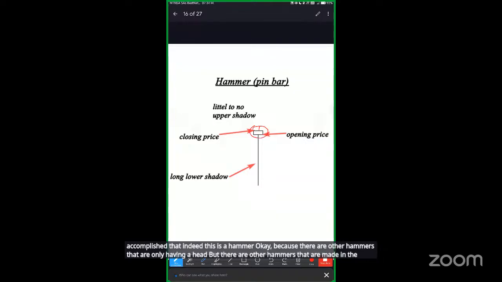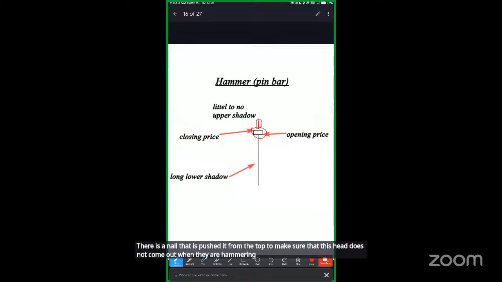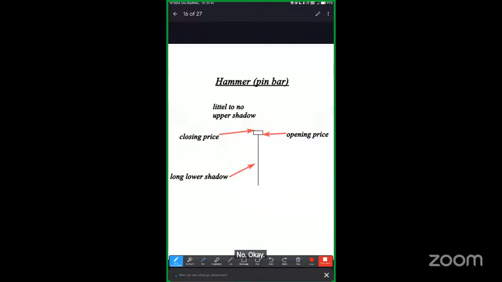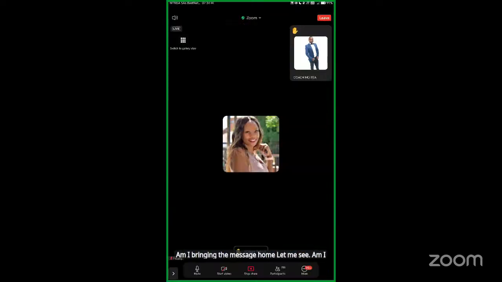Have you seen hammers that are made in the village? There is a nail hanging a little bit over there after the head of the hammer. There is a nail that is pushed from the top to make sure that this head does not come out when they are hammering. Yes, those kind of hammers that we make in the village, not these sophisticated ones. Okay? Am I bringing the message home?